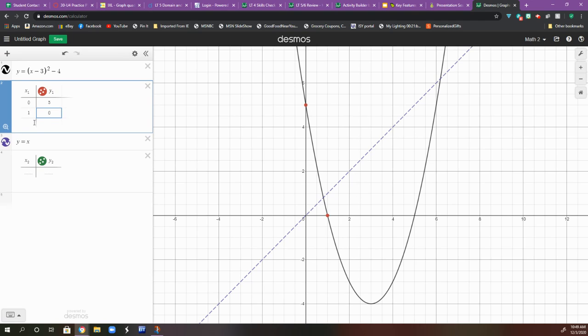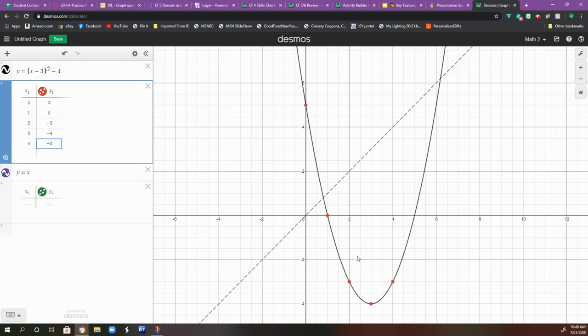Then I'm going to do 2, -3. And then I'm going to keep going down my list. So 3, -4. And then keep going around my graph here, 4, -3.